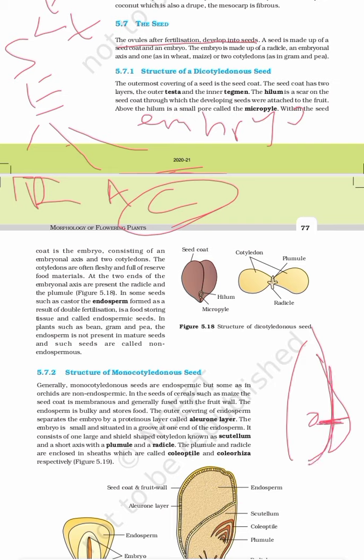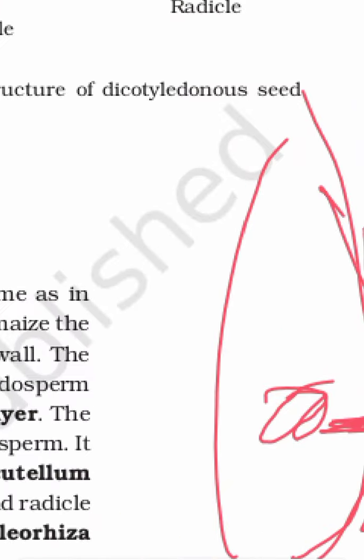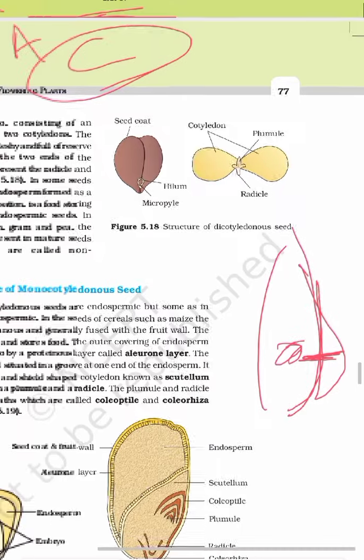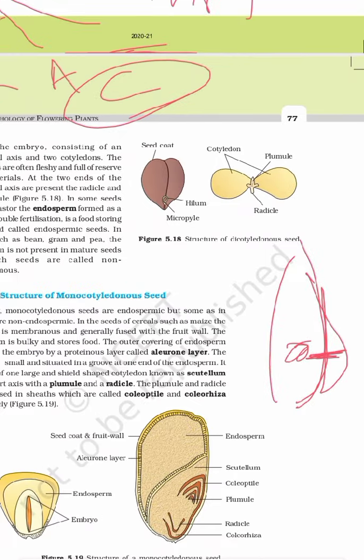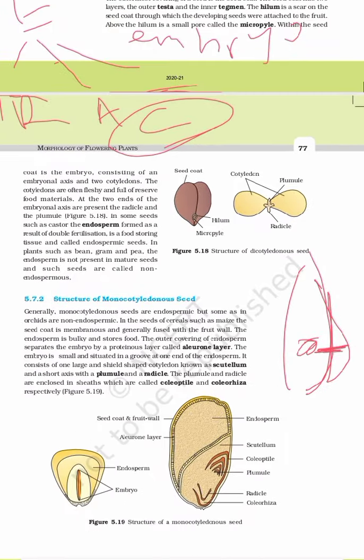It is called the funicle, F-U-N-I-C-L-E. The funicle is attached to the hilum of a seed. Hilum means the part of a seed to which the funicle is attached.